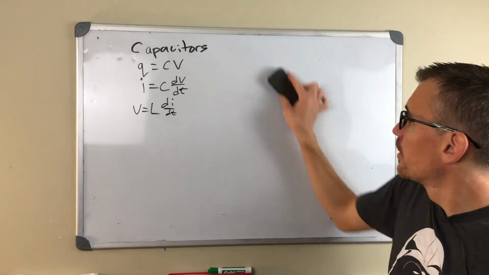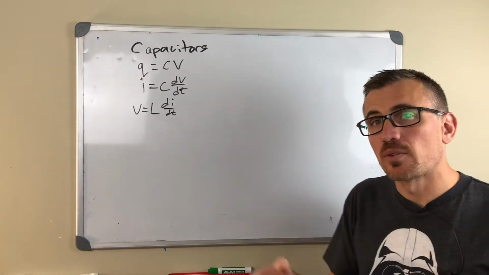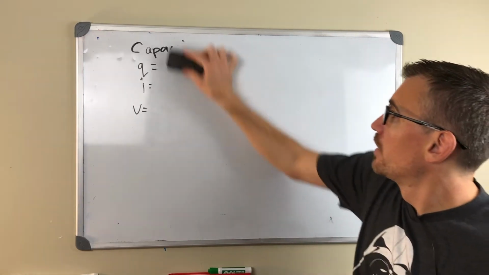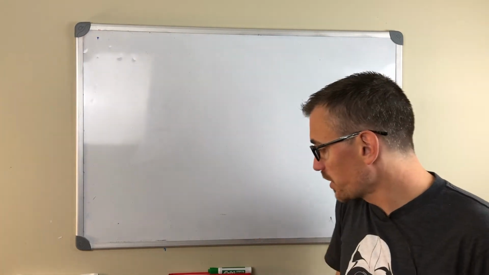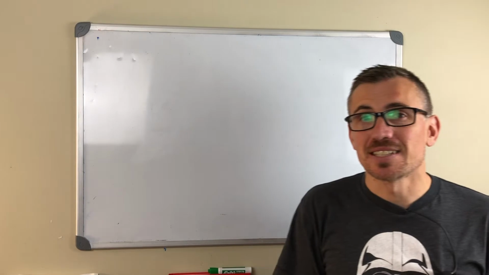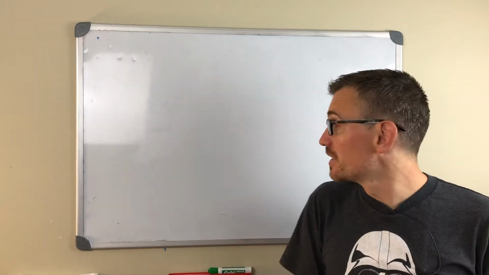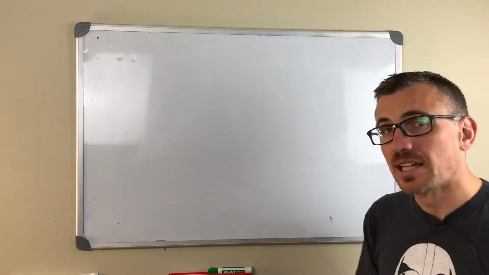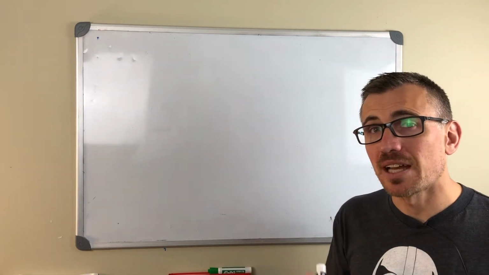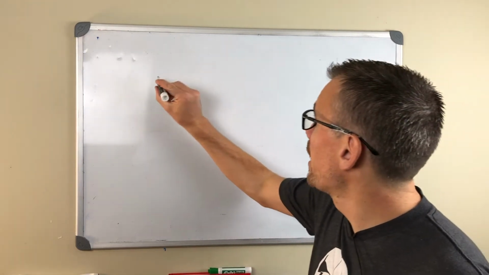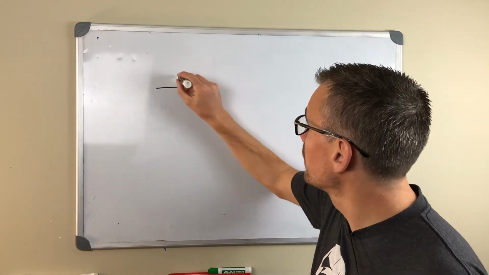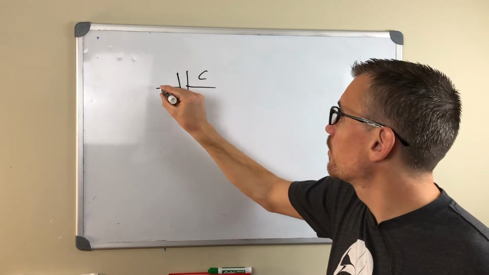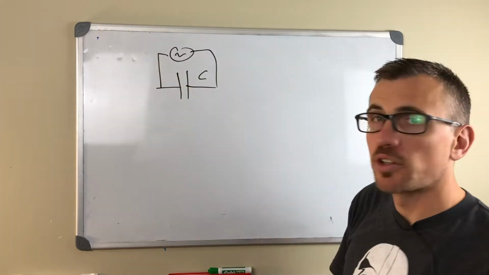That is the way we look at electronics when it's driven with sine waves. Remember from the sine wave video, the most important signal in physics is a sine wave because we can build up other signals from it using Fourier. So let's look at driving a capacitor with a sine wave and see what we get. Imagine we had a capacitor of capacitance C, and somehow we have a sinusoidal voltage driven across it.